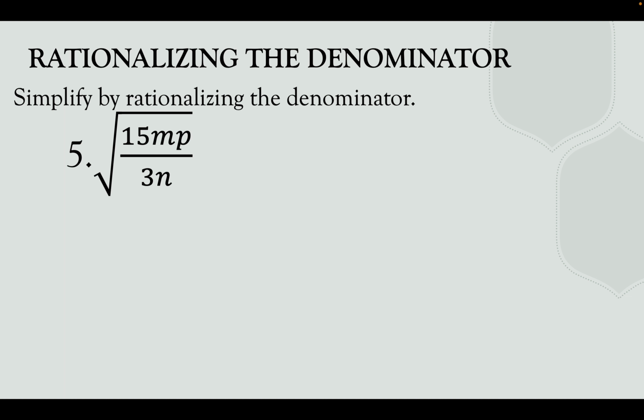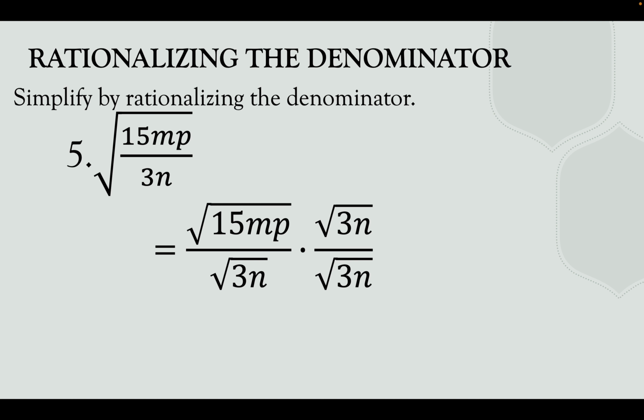Next, we have square root of 15mp over 3n. Now, we can write this one into square root of 15mp over square root of 3n. Then, multiply both sides by square root of 3n, numerator and denominator, using rationalization. So, you will get now square root of 15mp times square root of 3n.